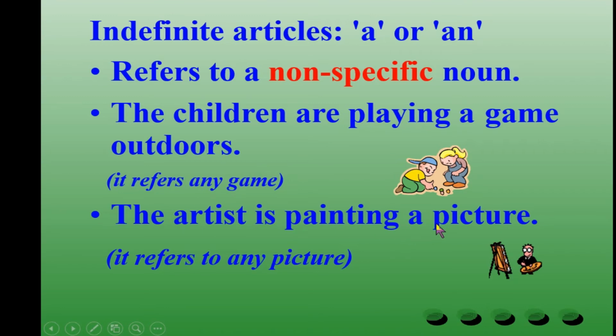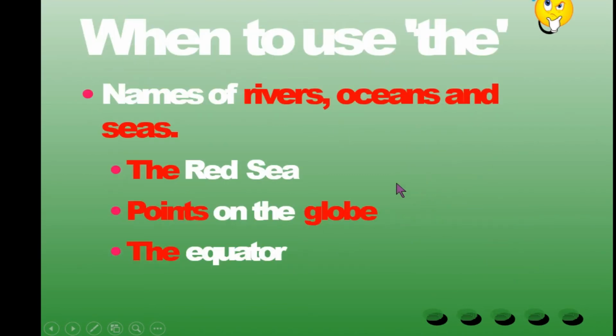The other example: the artist is painting a picture. It is not clear, it is not specific. It refers to any picture. He paints a picture, paints beautiful nature, paints a tree, something like that. So we don't focus on a specific one. We call it a non-specific noun.